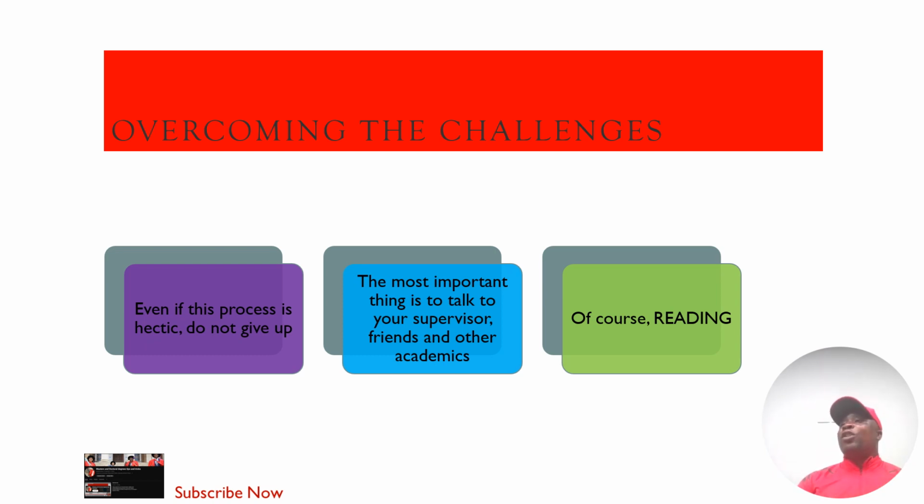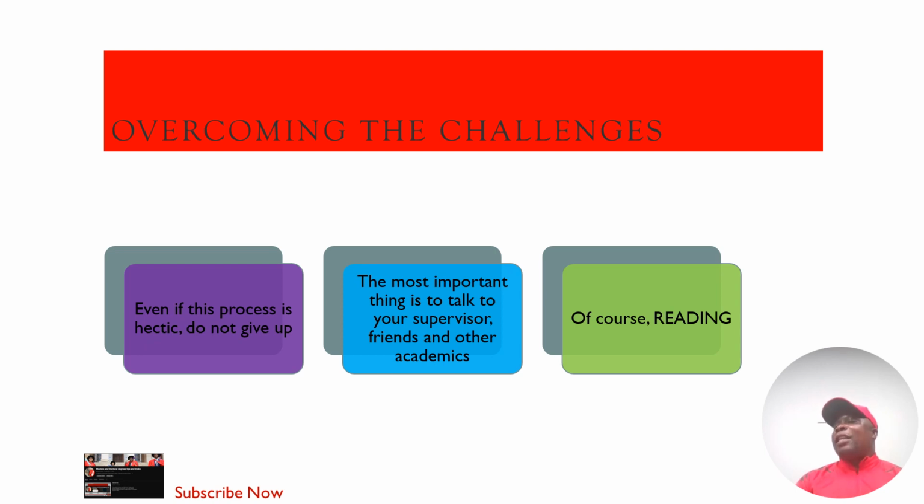So the most important thing is to talk over your topic with your supervisor, friends, and other academics. Whenever you are formulating a topic, talk about your topic with your supervisor, with your colleagues, with other academics. They will show you some of the information that you did not even see.